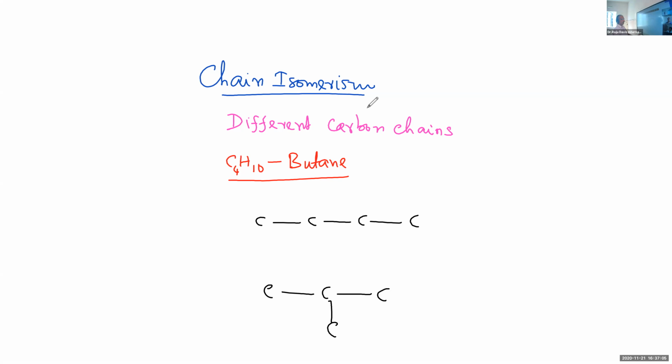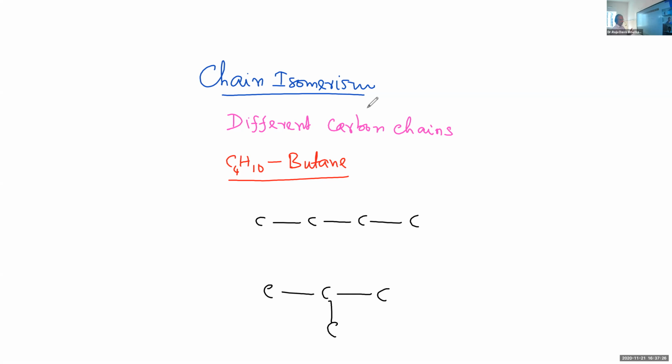We cannot draw any other basic skeletons using 4 carbon atoms. We can draw only two basic skeletons using 4 carbon atoms.